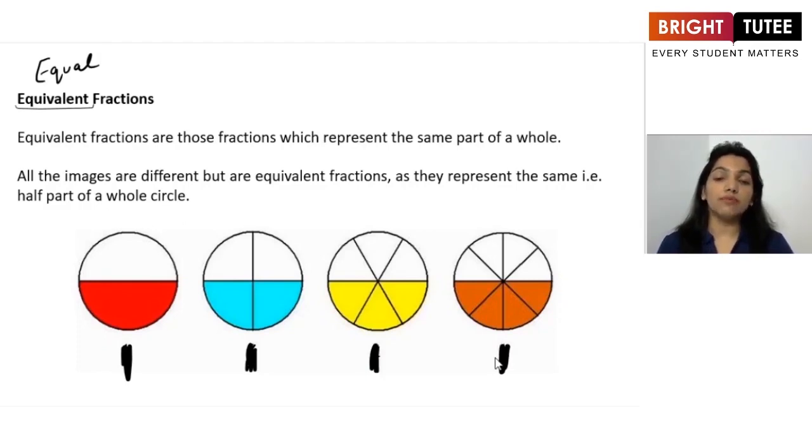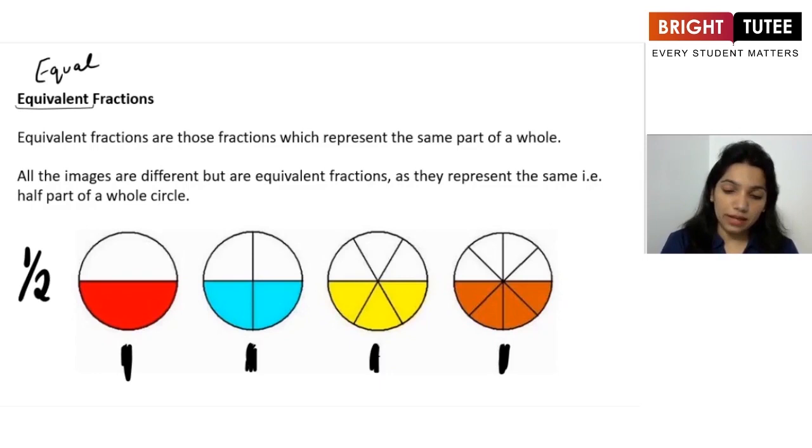In the first one, how much part is shaded? Half, right? Similarly, in the second image, in blue, clearly half of the circle is shaded. In the third one, again half of the circle is shaded in yellow, and the last one is also shaded half. Is that right? So we can write that each of these fractions is half.